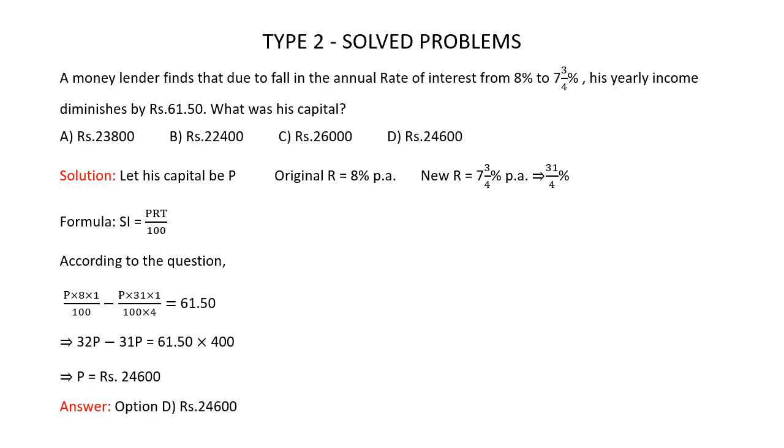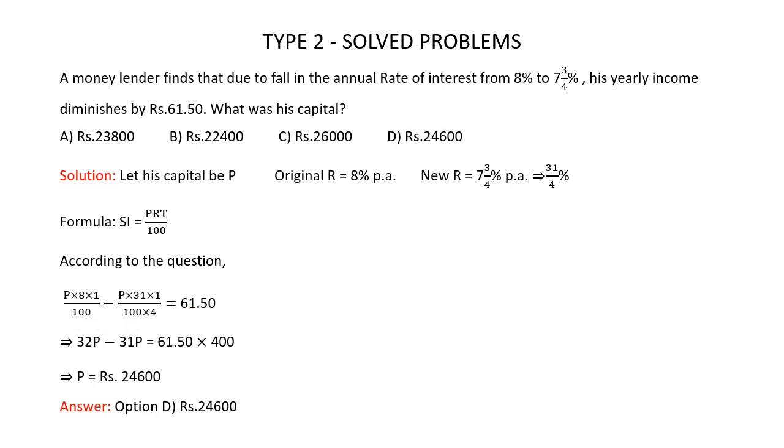So this means that the difference in the simple interest earned at 8% rate of interest and the simple interest earned at 7 3/4% rate of interest is equal to rupees 61.50. Now we know that SI is equal to PRT divided by 100. So according to the question, P multiplied by 8 multiplied by 1 divided by 100 minus P multiplied by 31/4 multiplied by 1 divided by 100 is equal to 61.50.